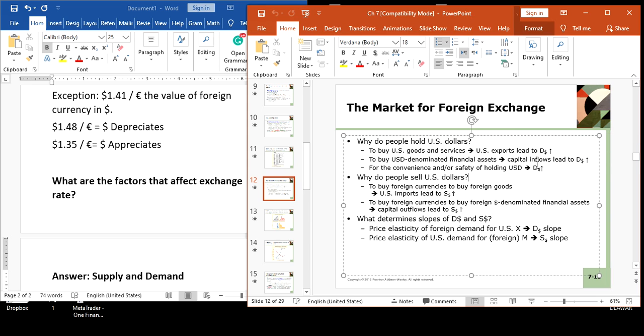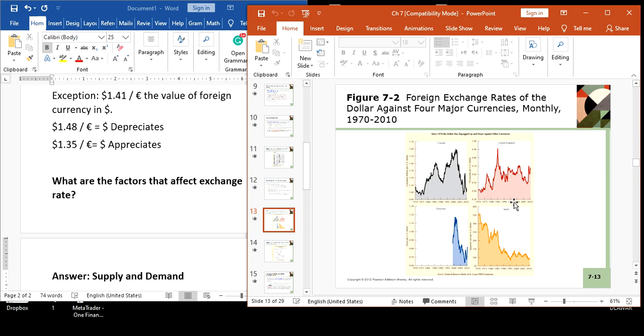For example, right now during the COVID-19 crisis, many people run and buy dollars. Why do people sell US dollars? To buy foreign currencies, to import to the United States.